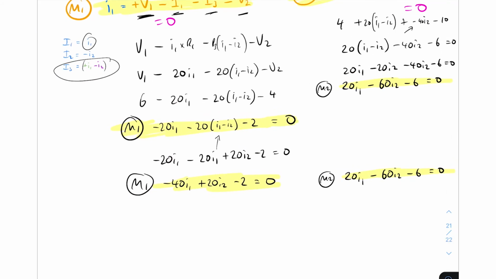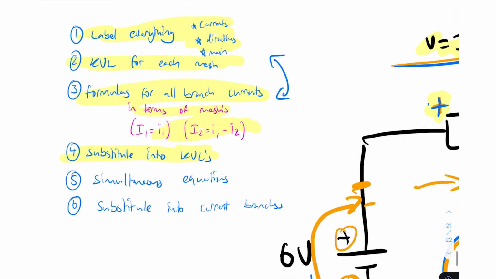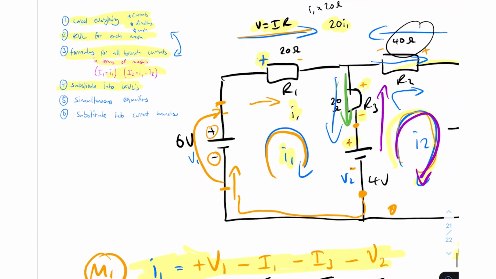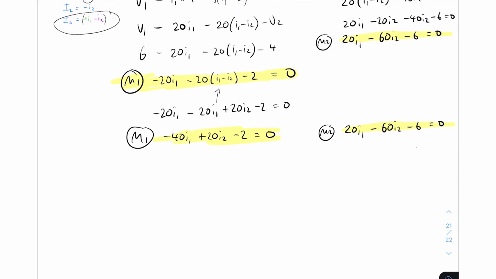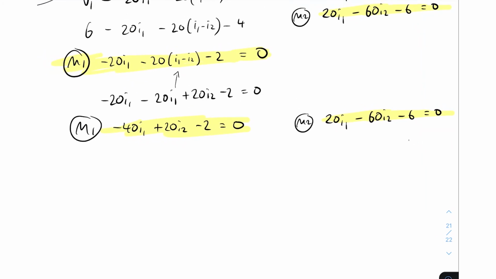Alright. So now we've got our two KVLs. We're substituting into KVLs, and now we need to do our simultaneous equations for both of them. Okay, so we know that they're both equal to 0. So let's times M2 by 2, and then we match this up with this as well.